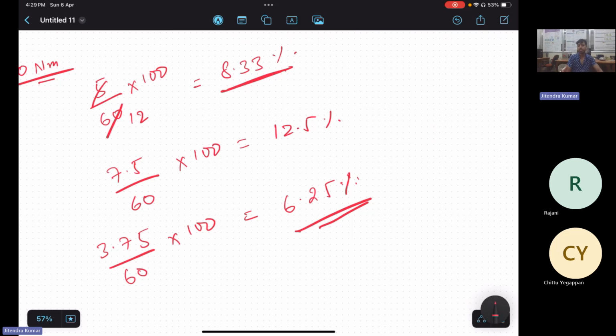But since only these two options are given, it is more appropriate to choose these two. So it is completely subjective and depends on how much one is willing to trade off between one parameter and another.